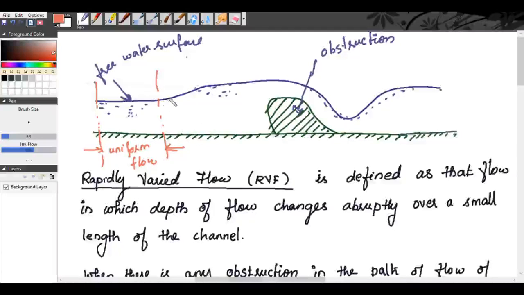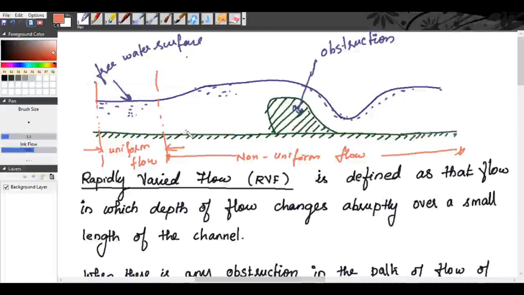From here you can see the change. So this is called non-uniform flow. From this part to this part, this is uniform flow. From here to the remaining part, it is non-uniform flow. Again, if there is no obstruction, this non-uniform flow can be changed to uniform flow. Gradually, it will be converted to uniform flow when it moves on.